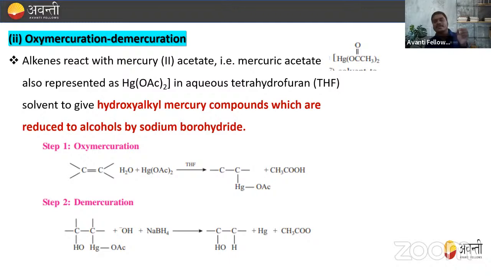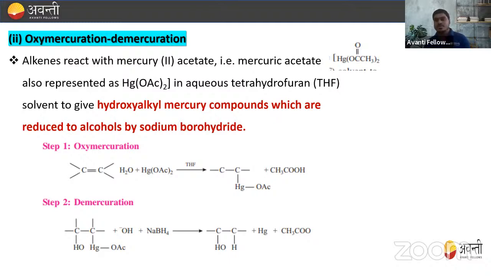So alkene reacts with the mercury acetate, also represented by Hg(OAc)2, in an aqueous tetrahydrofuran.